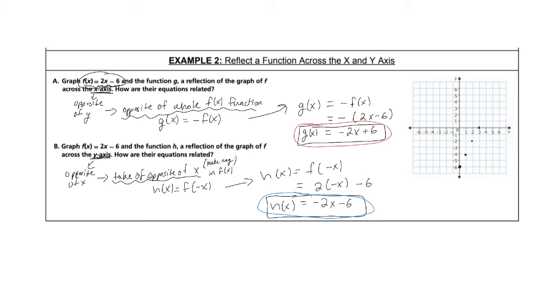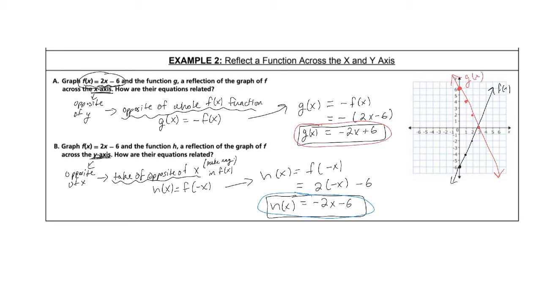All right, so f of x looks like this. G of x is plus 6 for our y-intercept, and then a slope of negative 2, so down 2 to the right 1. I know I didn't draw it perfect, but here's g of x.